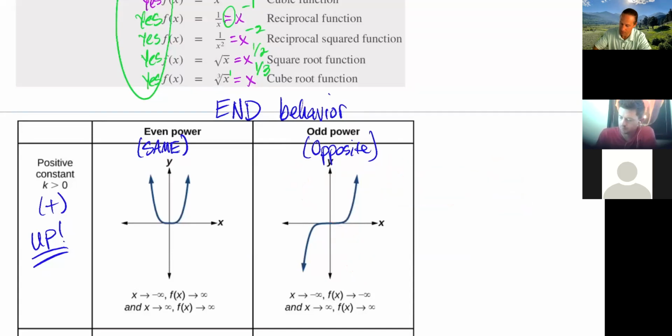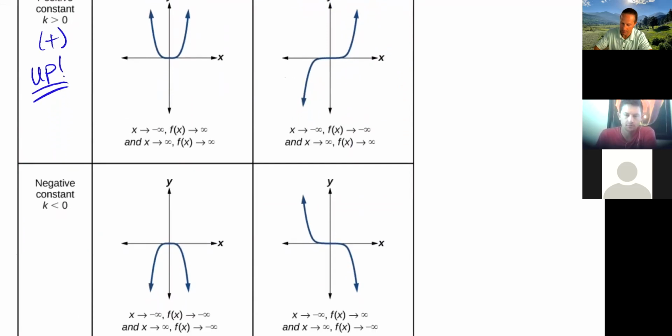But again, notice as our x's get bigger, our y's were getting larger, but that's because it was positive. But if it's negative, then it's facing down if it's even, or from left to right, as we read this, down.